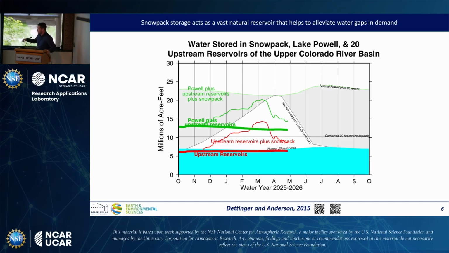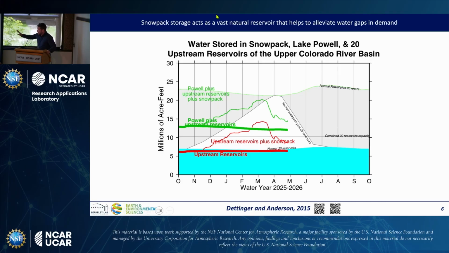And as you can see, it's showing the seasonality of it rather than that year-to-year variability I was showing before. And so what it's showing is that snowpack on average, which is that white sort of curve, really is even more of a provider of water than most of the reservoirs in the Colorado. So Colorado is even more sensitive maybe to snowpack interannual variability.